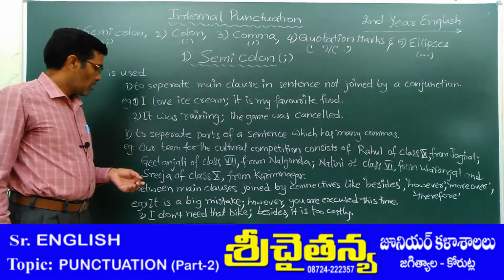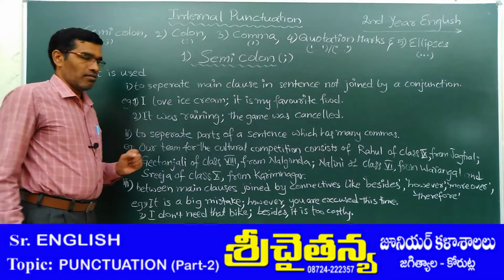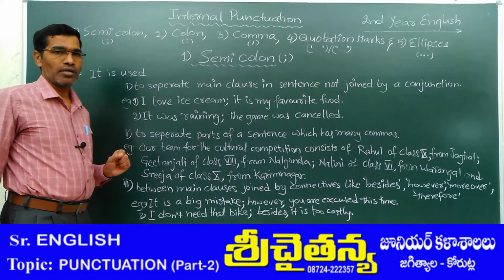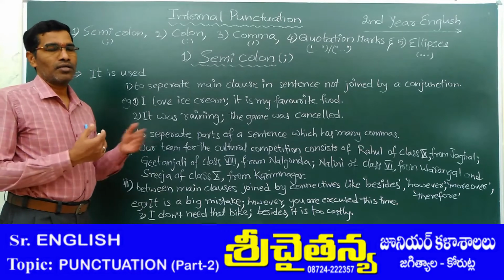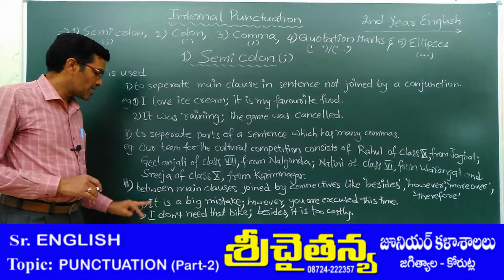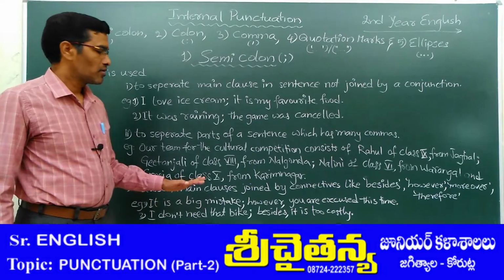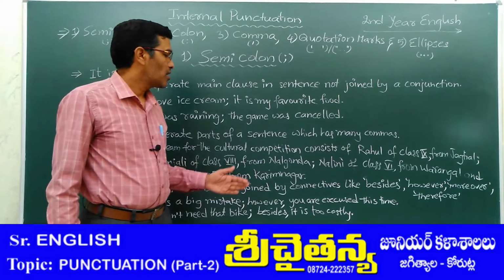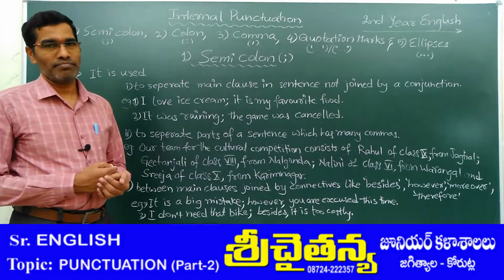For that situation, we use a semicolon to separate the two clauses. For example, it is a big mistake; that is one main clause. However, you are excused this time.